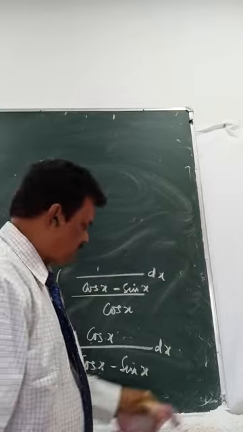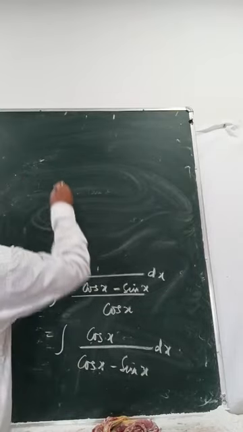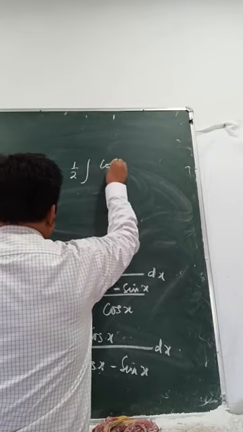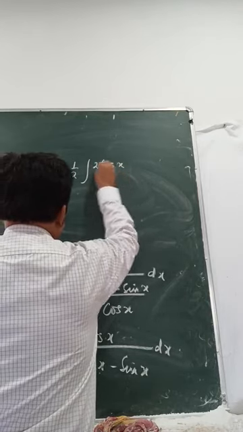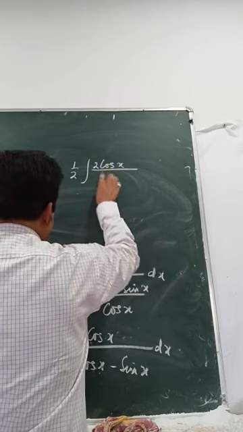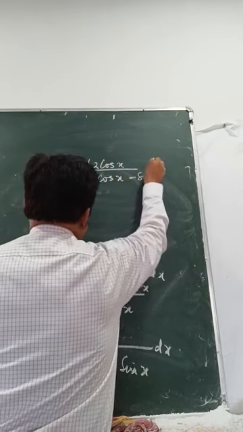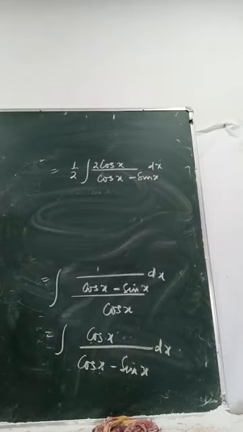To create that sin here, first you write half of 2 cos x by cos x minus sin x dx. Okay.